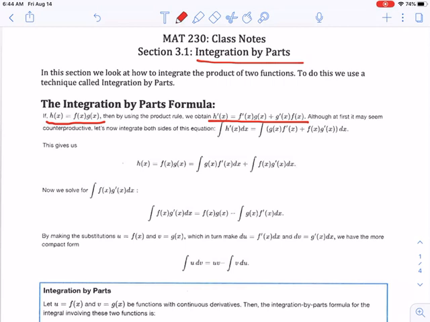Then what we do is we take the antiderivative. We integrate both sides. So remember, when you don't have bounds of integration, you're just finding an antiderivative. So when we take the antiderivative of h prime, we're finding the antiderivative of the derivative of h. Well, they cancel each other out, and we end up with just h.